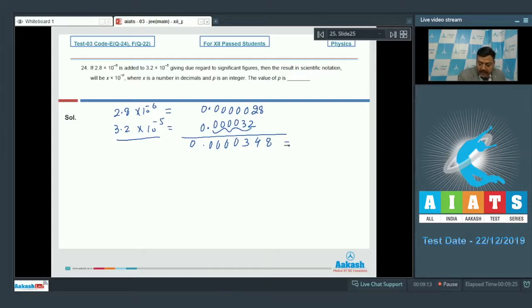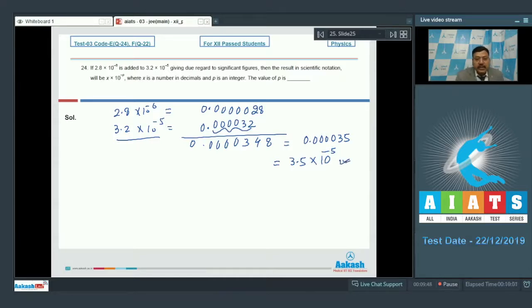So this we can say is equal to 0.000035 with proper significant figures, but we have to write this in the scientific notation, and so this is equal to 3.5 into 10 to the power minus 5, of course minus 5 only.